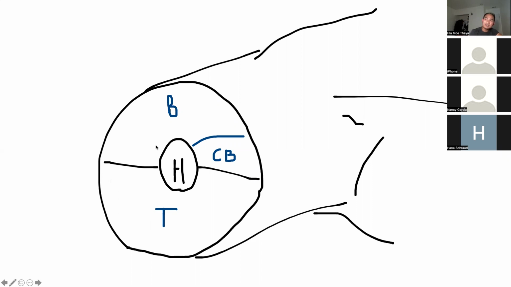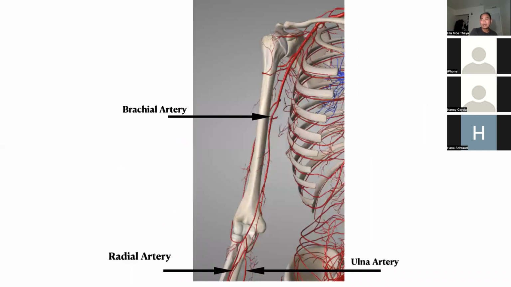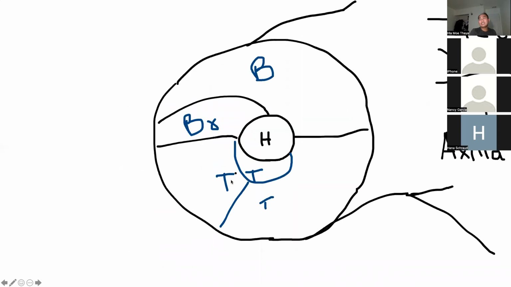So now we have seen the bicep, we have seen the tricep, and we have seen the coracobrachialis, which is coming from the coracoid process to the inside of the upper half of the humerus. Therefore, it is called coracobrachialis, which is underneath the bicep and more medial. But if we go back and make a cross section here, then we will see something different.